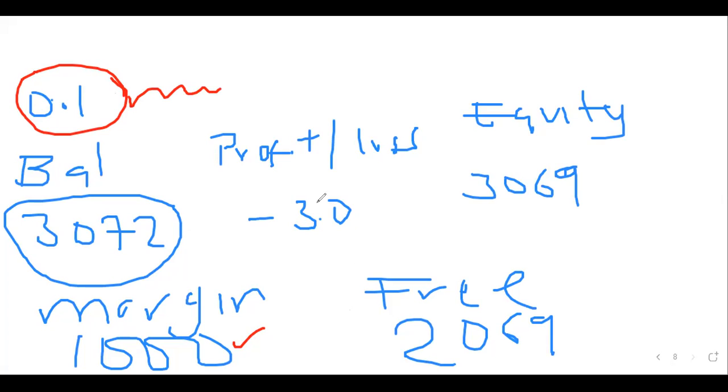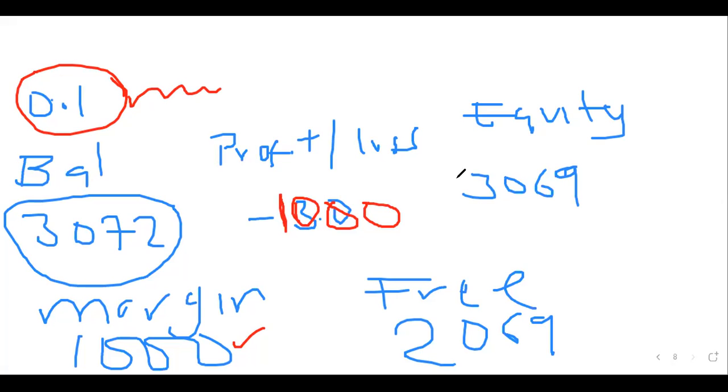If the loss increases to 300, your equity changes. The margin remains the same. The free margin drops. Okay, let's say the loss is 1,000.